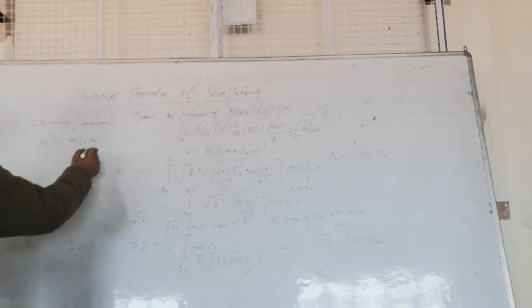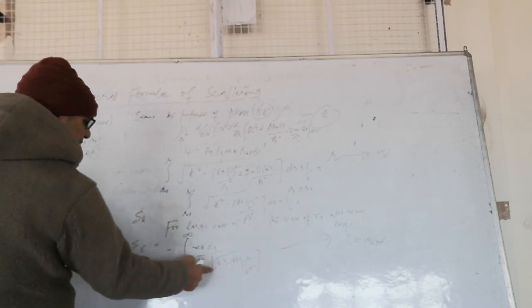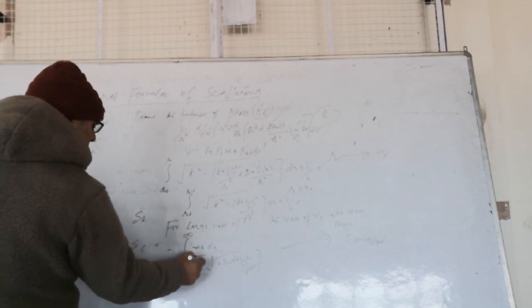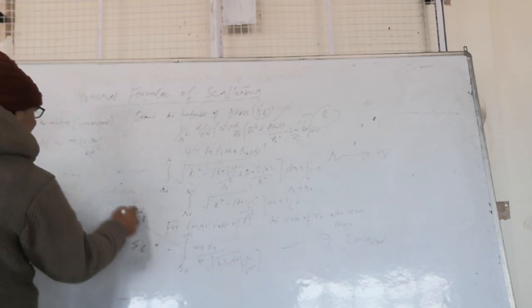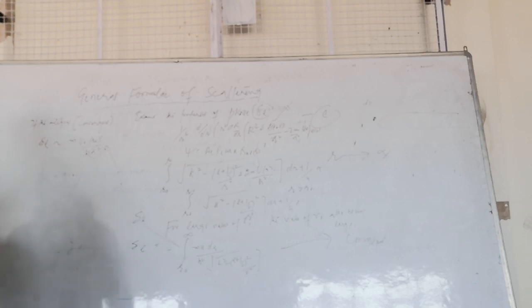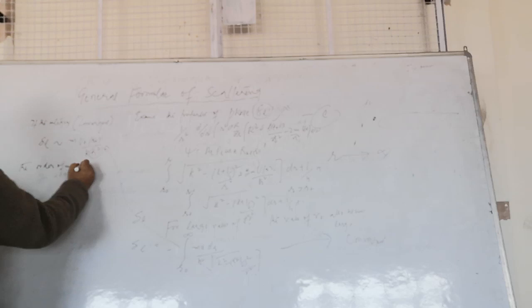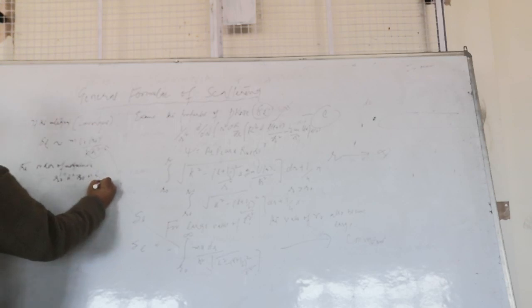If it's small it will be negligible. So the integral can be written like this, and the order of magnitude of R naught is L by K.